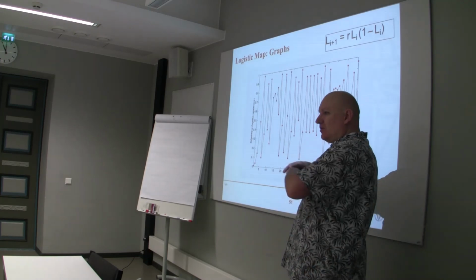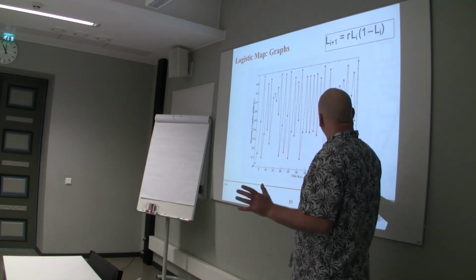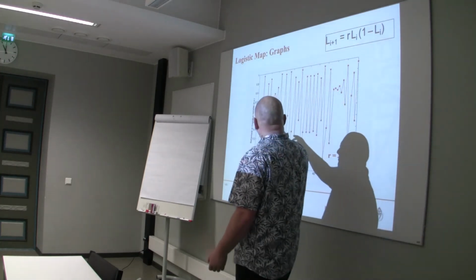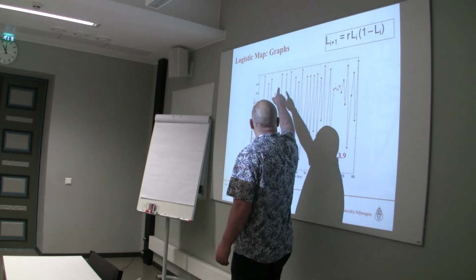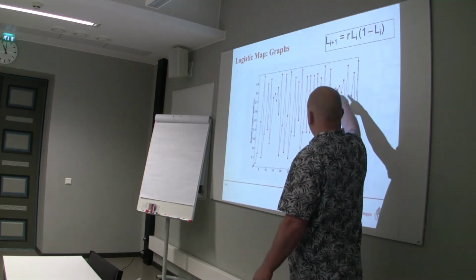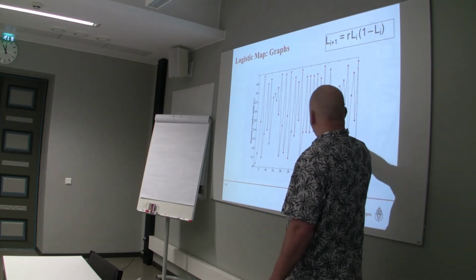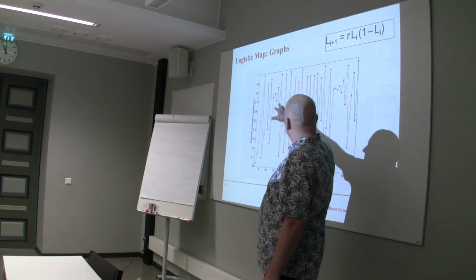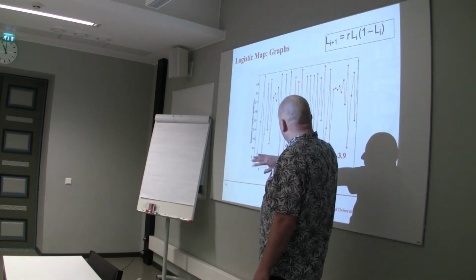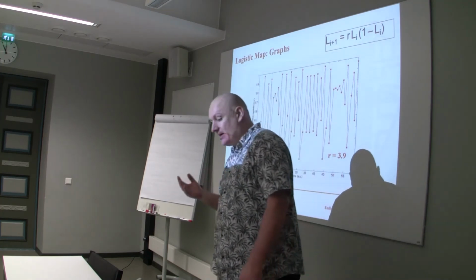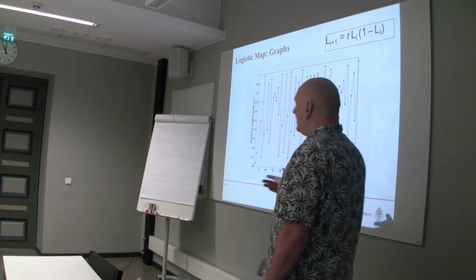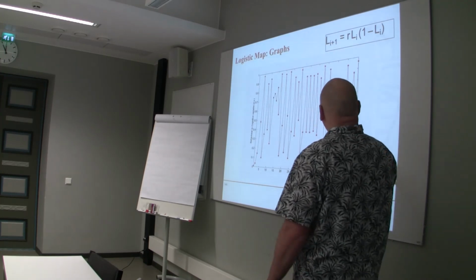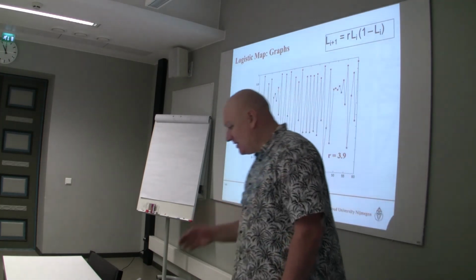So they are all unique values. What you can see, however, is that there are some patterns that are sort of repeated, but not exactly. So you will see that there is some structure in here, or apparent structure, but none of the values are ever repeated. And that's very odd, right?